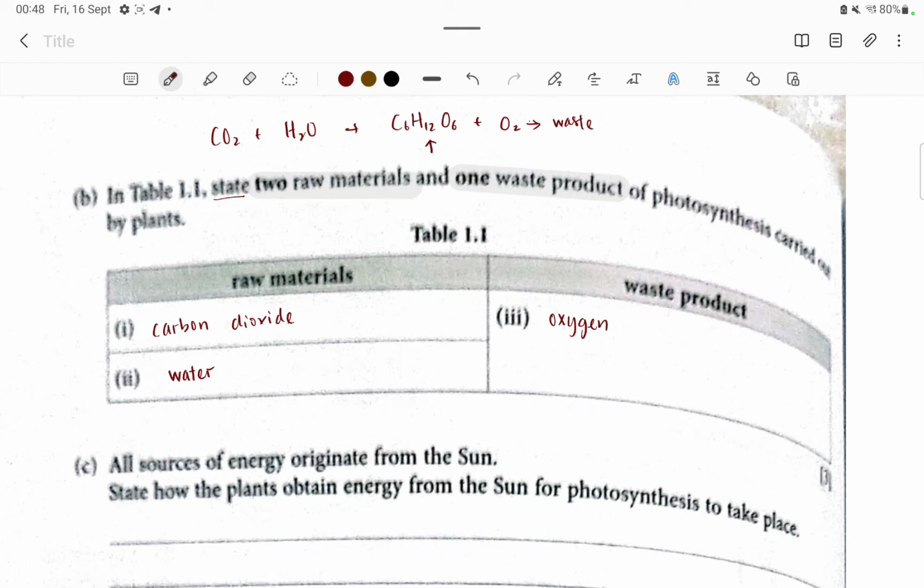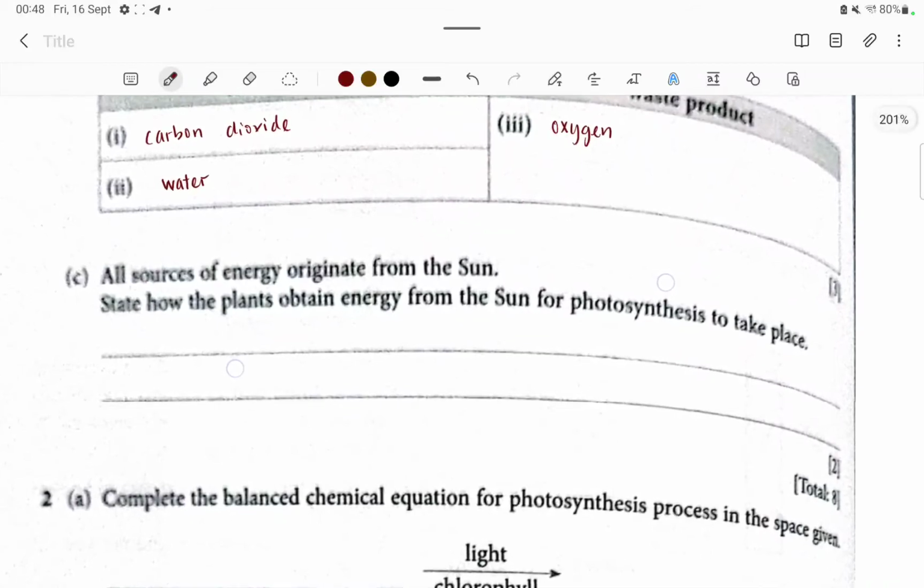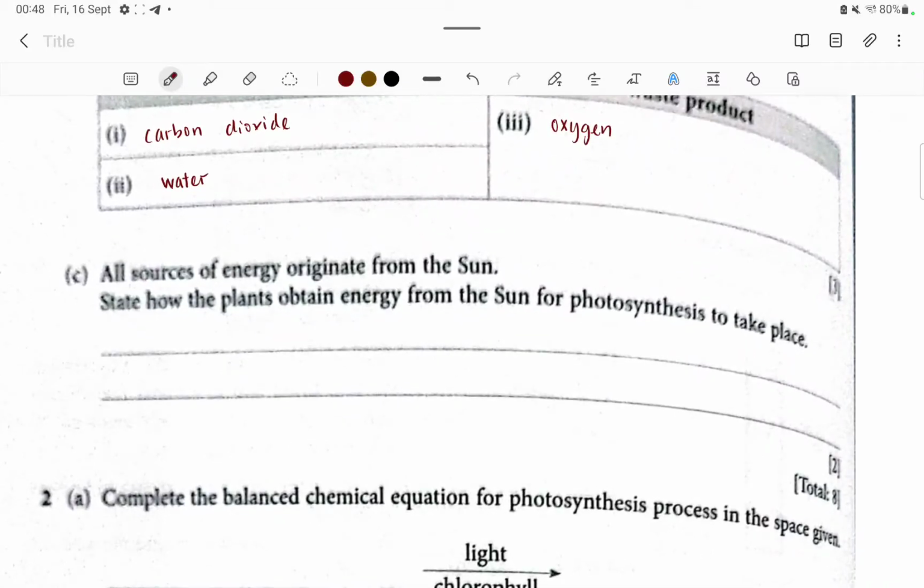And then let's look at C. All sources of energy originated from the sun. State how the plants obtain energy from sun for photosynthesis to take place. How? So this one is actually, they use this, photosynthesis takes place in chloroplast.